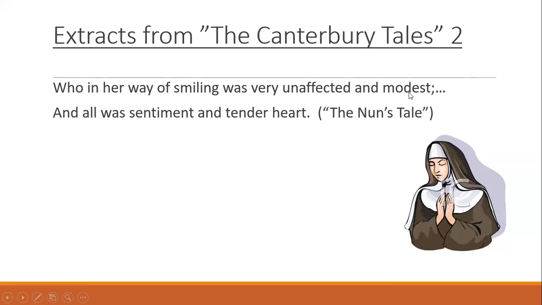Here he says she's modest, but the irony is that she's not modest. She cares about herself. She cares about her feelings. We should ask ourselves here, why is she being sentiment, or why is this ironic?